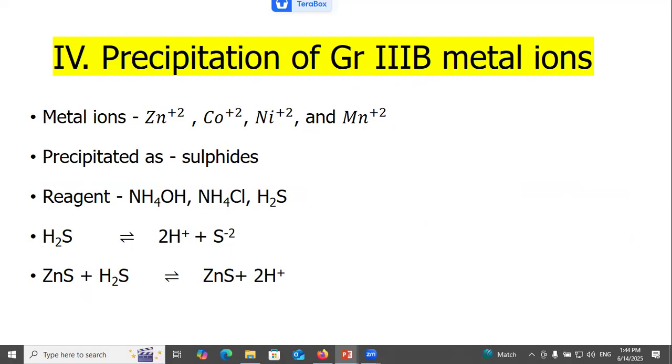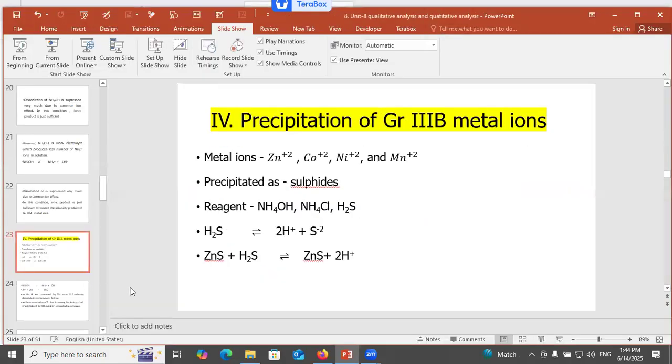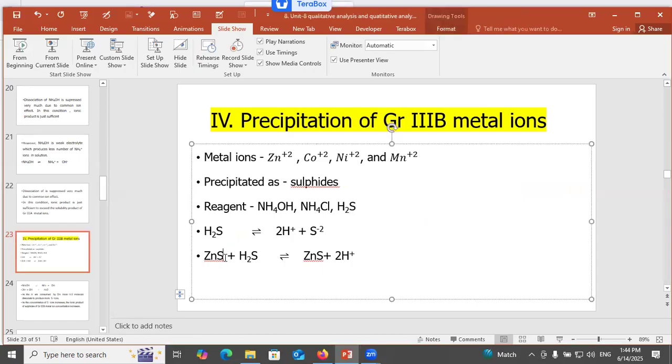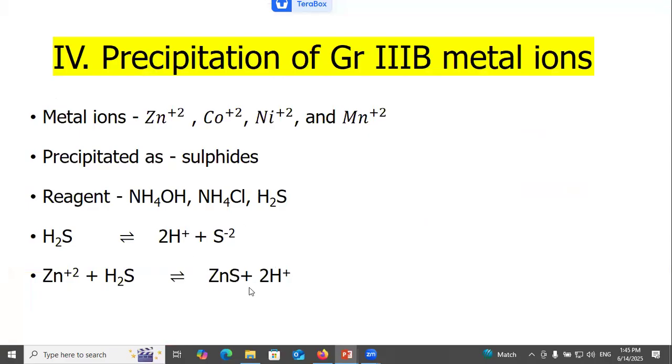Hydrogen sulfide is dissociated and the metal ions are precipitated as zinc sulfide. That is the group third B metal sulfides.